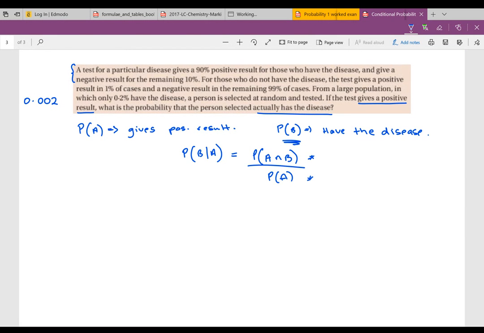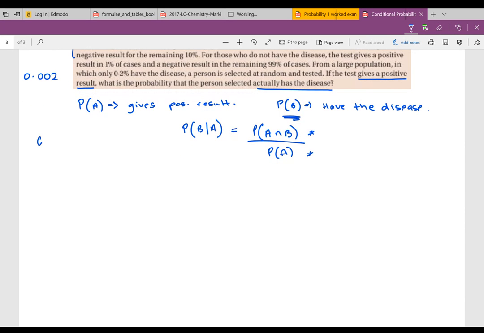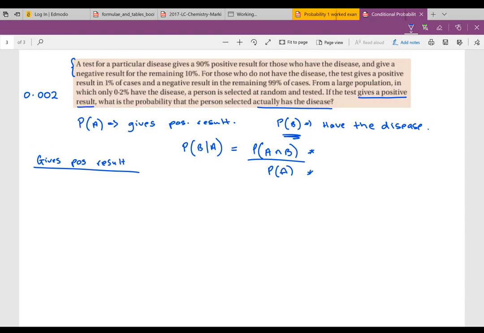Right, so let's look at what gives a positive result then. Now the main reason you'd get a positive result is that 90%, so 90% of the positive results, I'm just going to change 90% into a decimal, 90% of the 0.2% that have the disease.